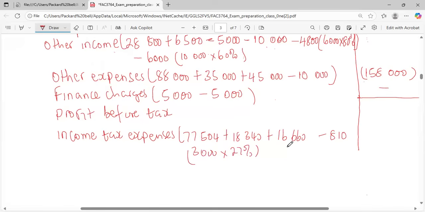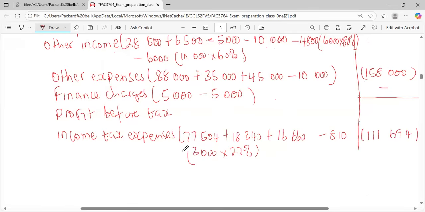It's 111,694. Yes. So this is going to be our income tax expense.